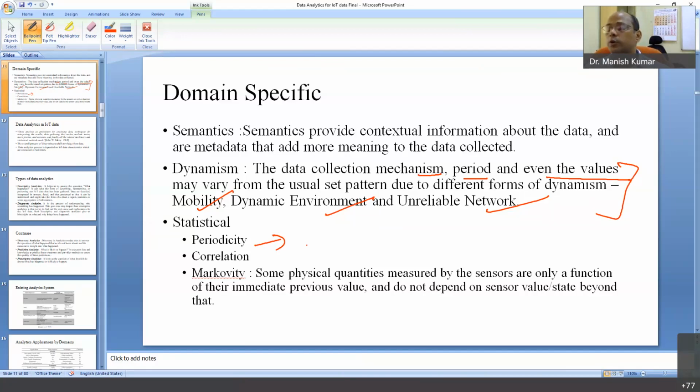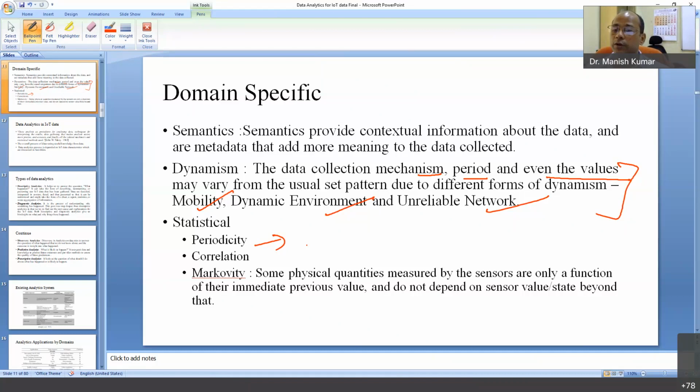When we talk about correlation, as you know, in most sensor networks the neighboring sensors have very high correlations in terms of data collection. That is why we look for aggregation, inference, and many more things which are in place in today's world to optimize data processing and data communication, because that introduces a lot of optimization in terms of communication cost.